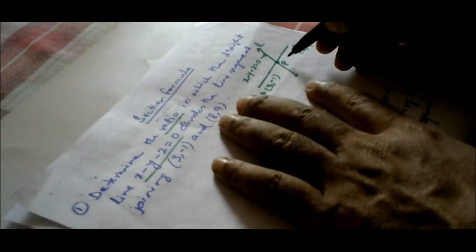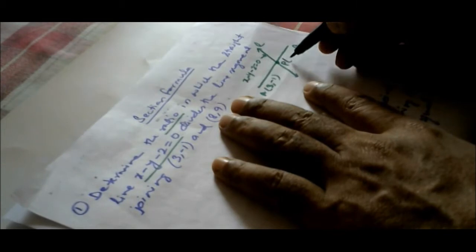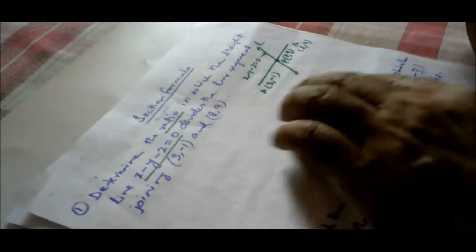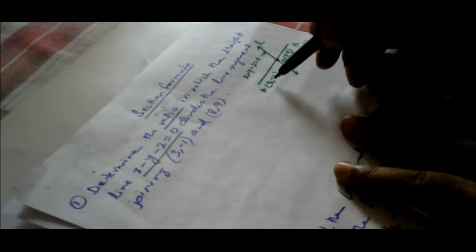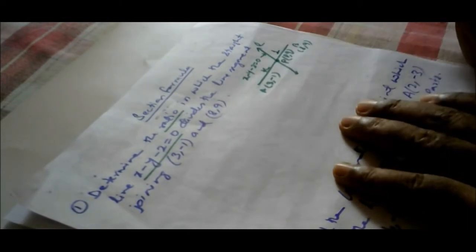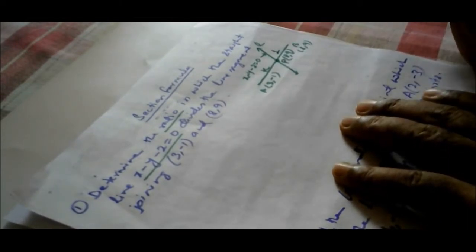We write its coordinates as P and Q. The point P, with coordinates p, q, divides this line segment AB in the ratio k is to 1.